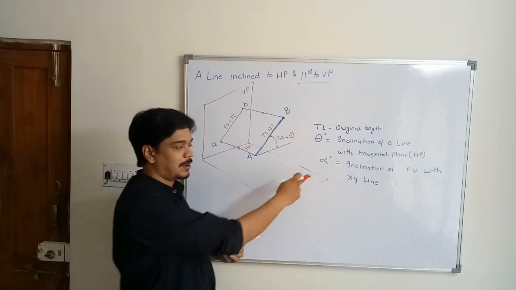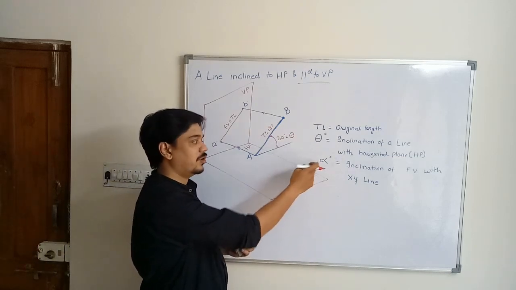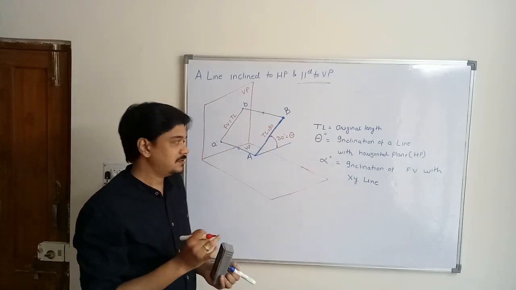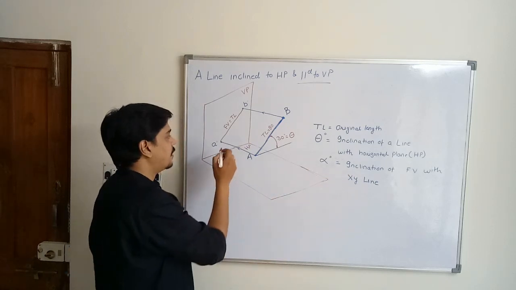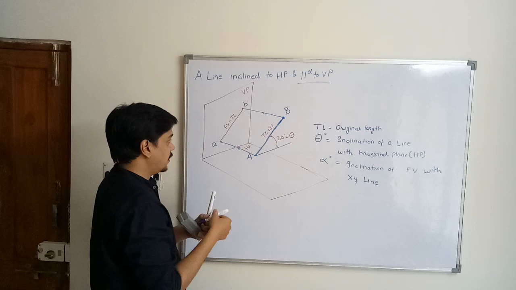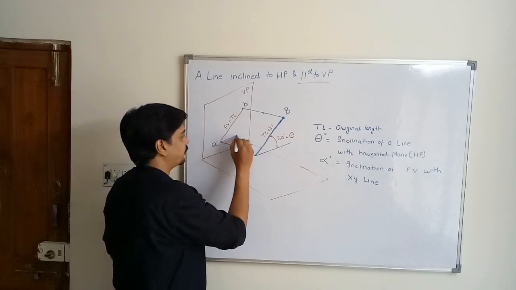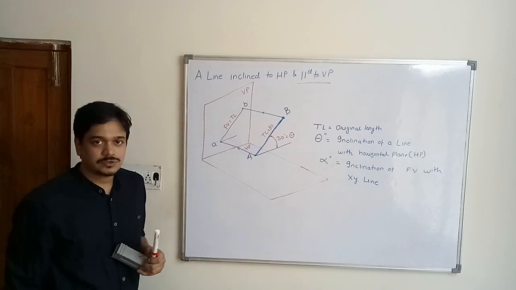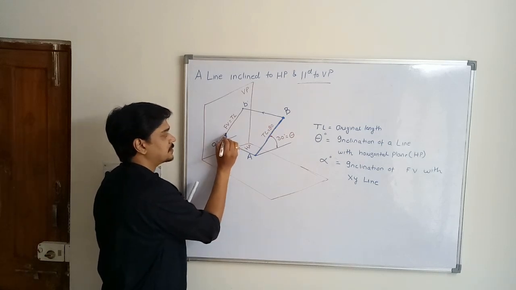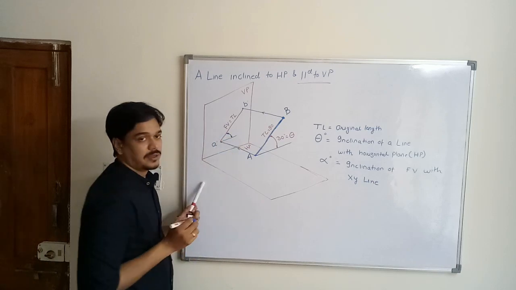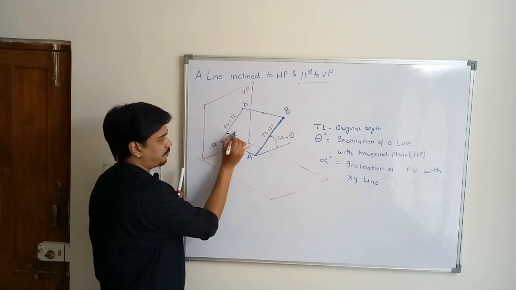Now we were discussing about the alpha. So what is the alpha? Alpha is the inclination of front view with XY line. So can you mark the inclination of front view with the XY line? So this inclination is termed as alpha.